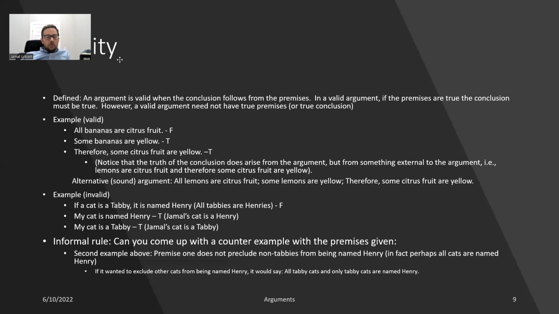What you want to do to test it is think of some example that runs counter to, a counterexample to what the conclusion says, but still keep the premises true.